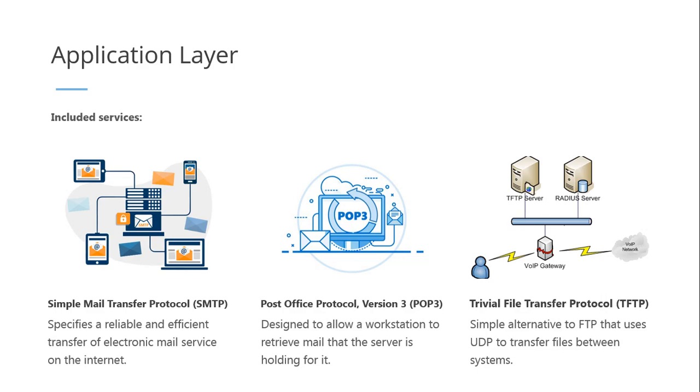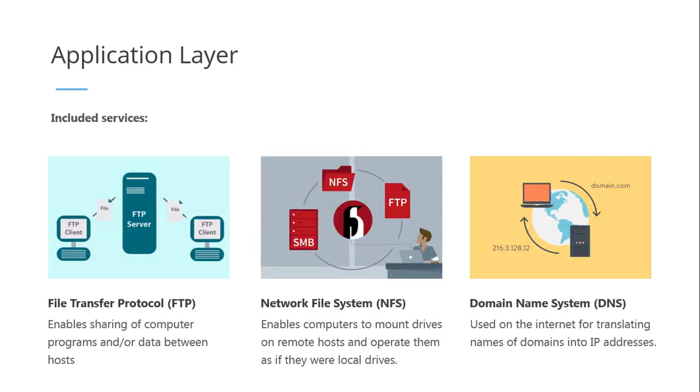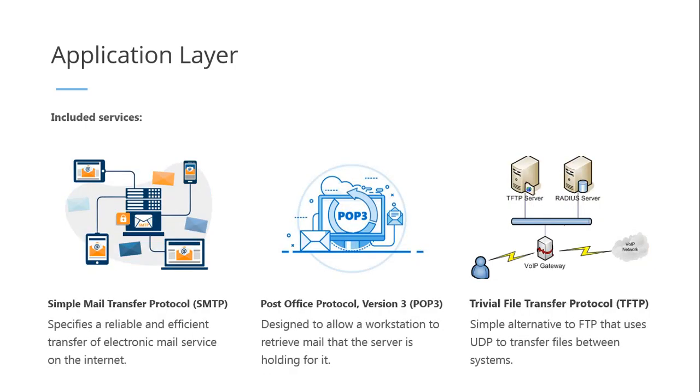Next, we have several protocols and services used when transferring data from one host to another, or one computer to another. So we have TFTP, or Trivial File Transfer Protocol, and FTP. One of the main differences between TFTP and FTP is that TFTP uses UDP, or User Datagram Protocol, and FTP uses TCP.